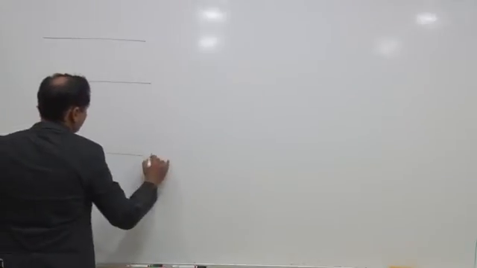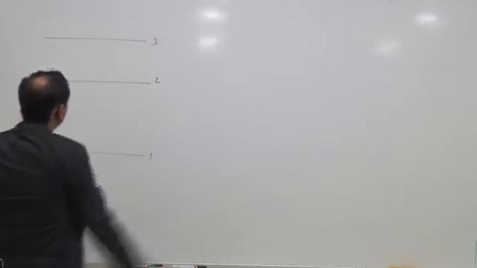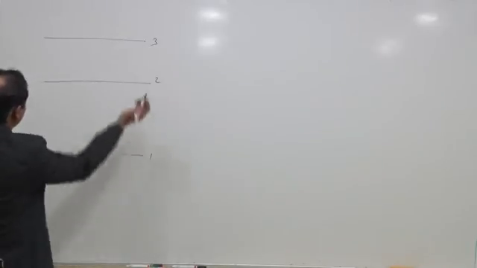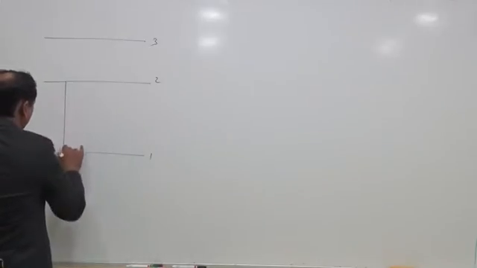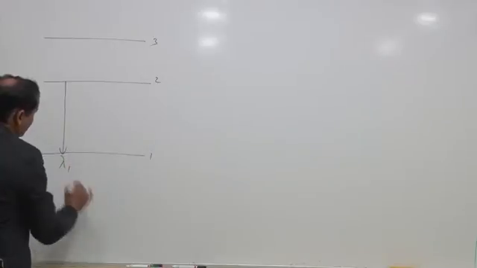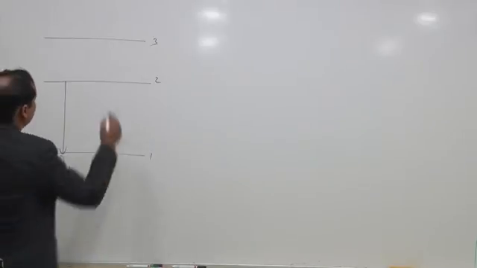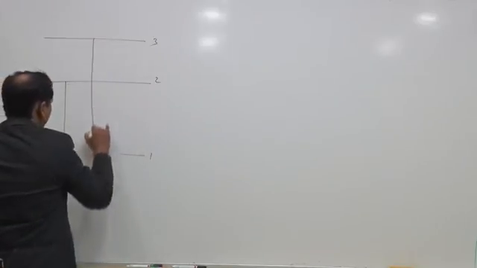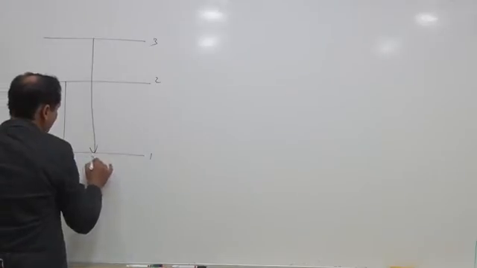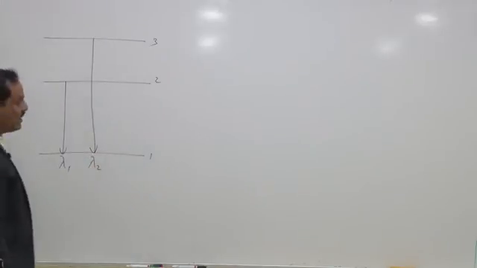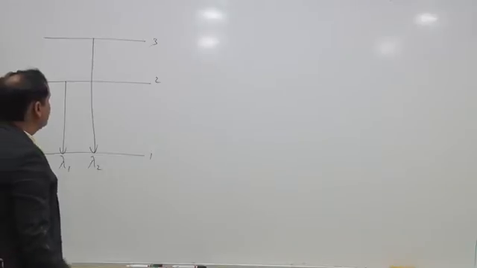There are 3 energy levels 1, 2 and 3 given. During transition from 2 to 1, the emitted photon has wavelength lambda 1, and during transition from 3 to 1, the wavelength of the emitted photon is lambda 2.